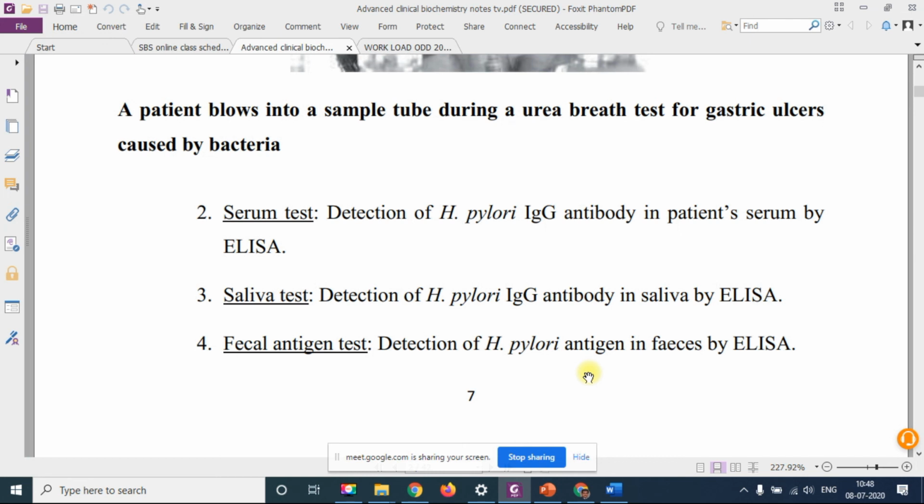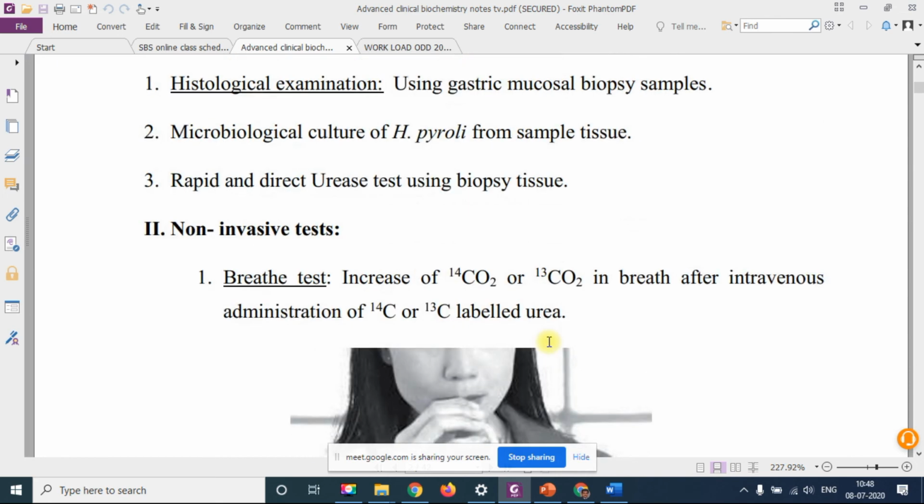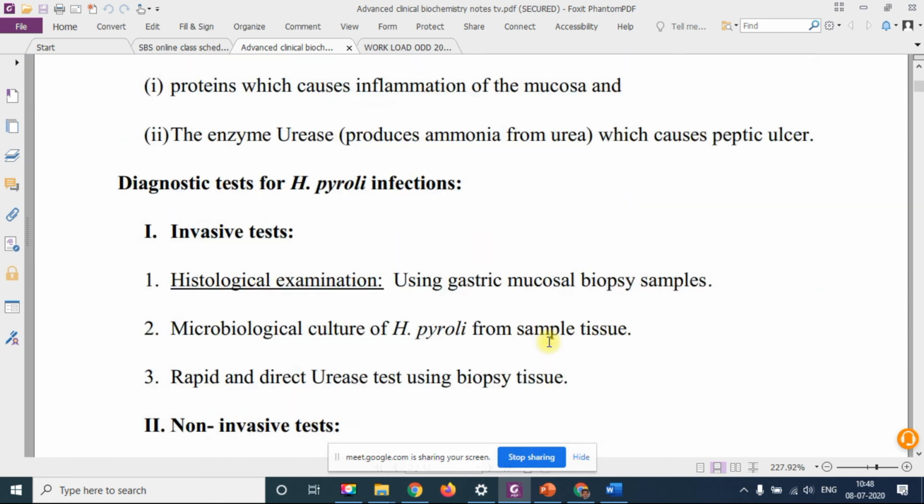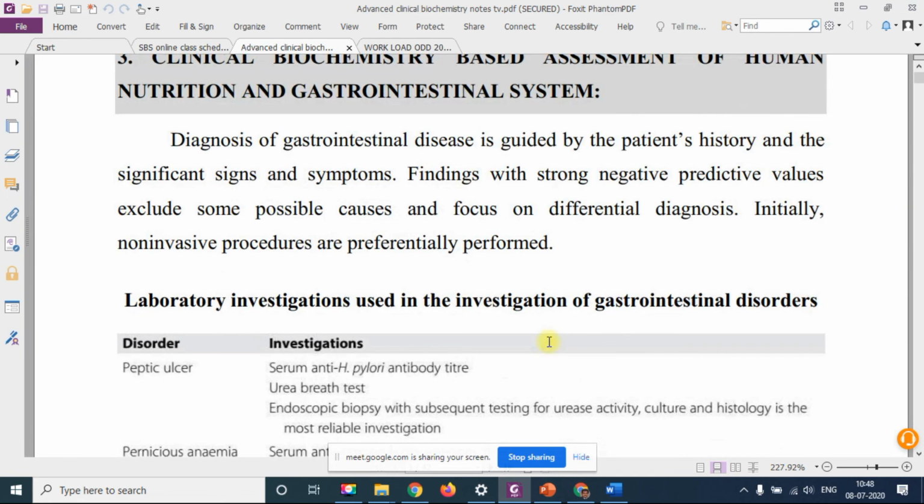Here also we have qualitative ELISA and quantitative ELISA. Qualitative gives only positive or negative results, and quantitative ELISA gives the level of infection. So that's all about the different tests available in the clinical biochemistry laboratory for the diagnosis of H. pylori infection.